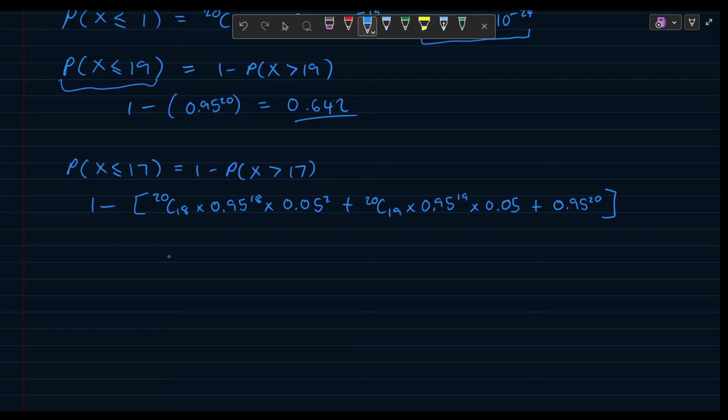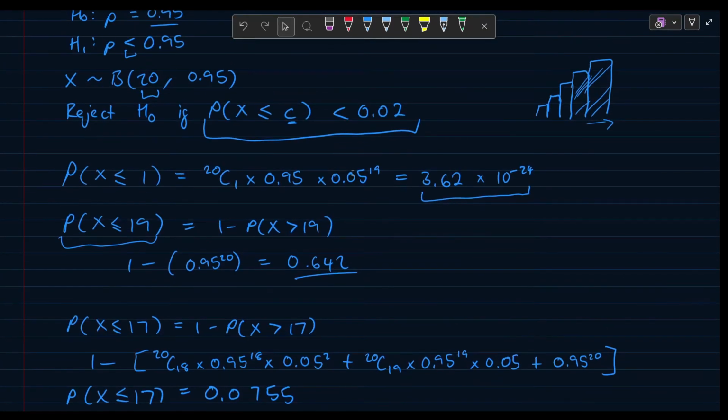So this is the probability that x is less than or equal to 17. This gives us 0.0755. So we're getting closer, much closer to our significance level, which is 0.02.